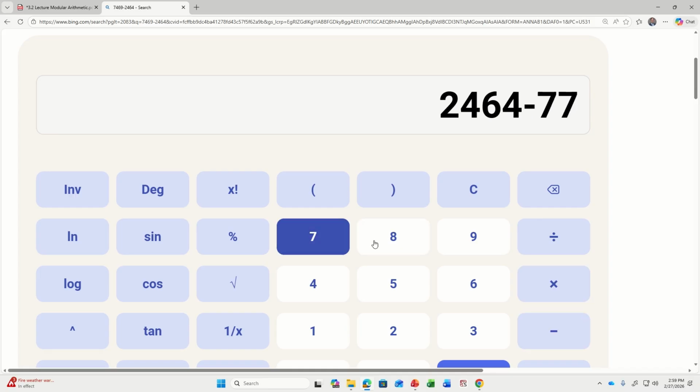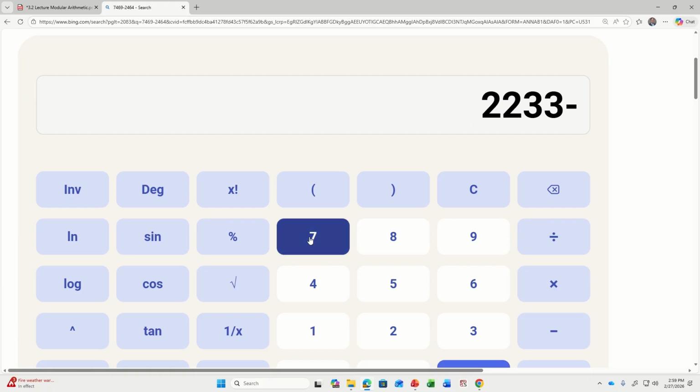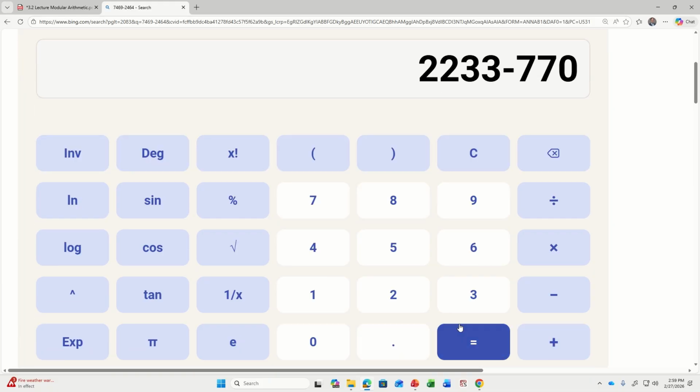So I'm going to subtract 77 and subtract 77 and subtract 77 and maybe even subtract 770, right? Because this is a pretty big number.